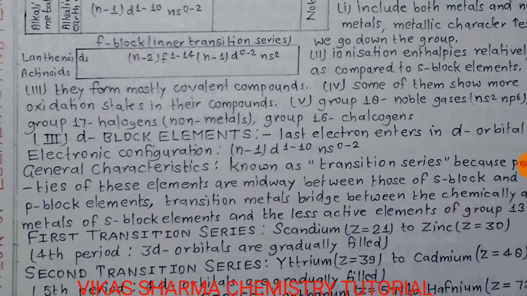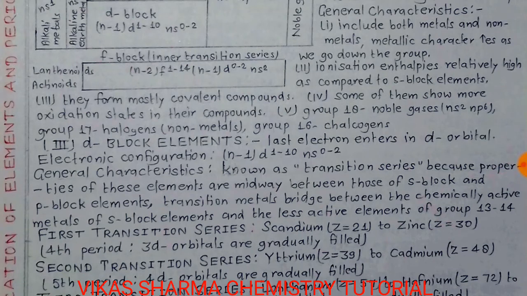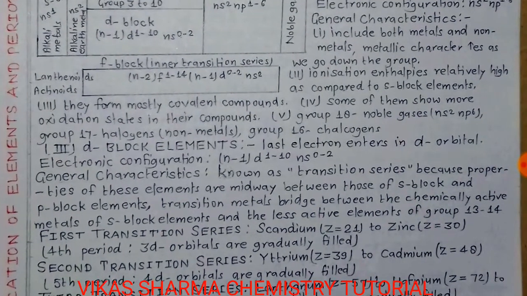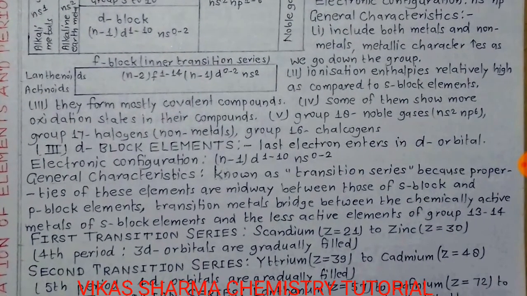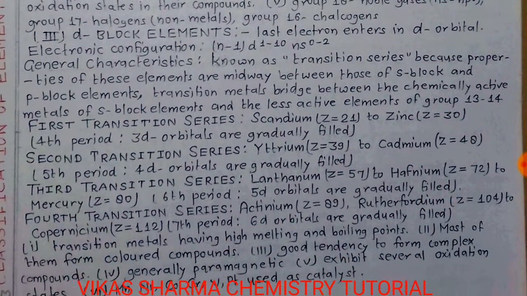They are known as transition series because properties of these elements are midway between those of S block and P block elements. Transition metals bridge between the chemically active metals of S block elements and the less active elements of group 13 to 14.